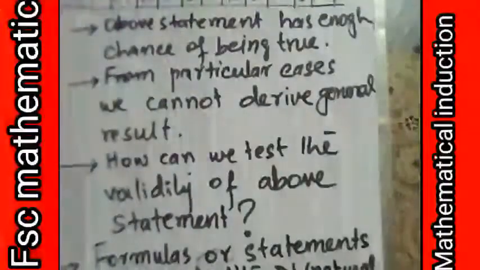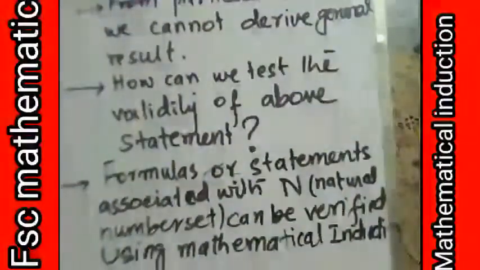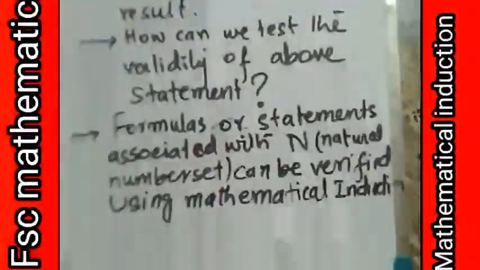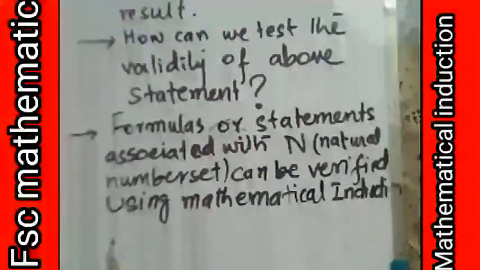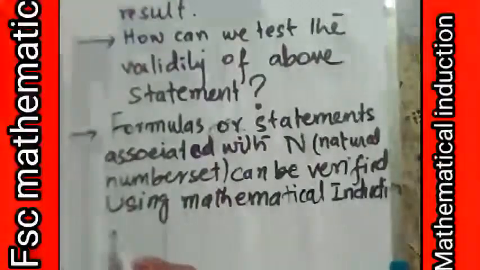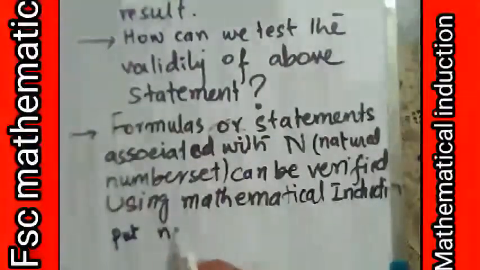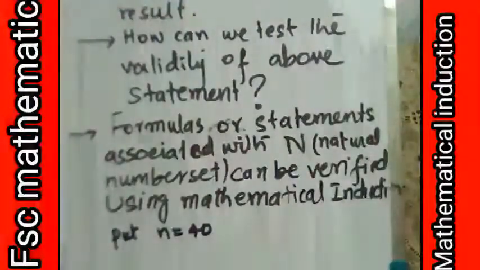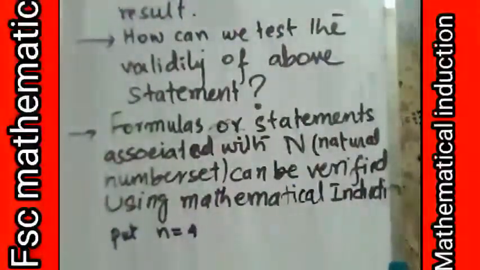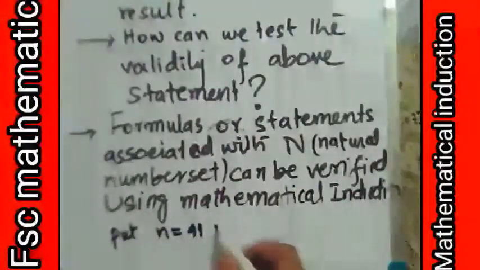Look at it again. We will have to go for this rule, because if we keep on substituting, put n equal to 40, n equal to 41 in the above statement.